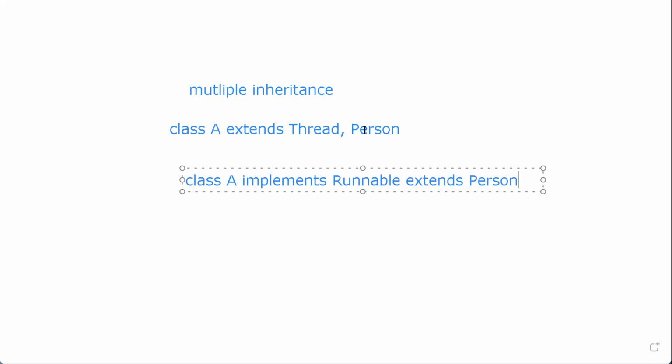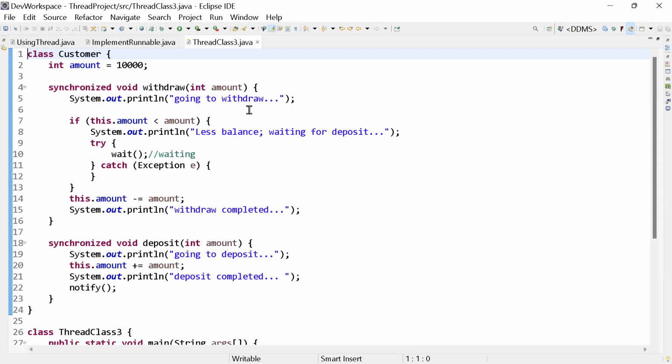Whereas this is not allowed. That is the reason they have given two ways of creating the thread. Okay, so coming back to this practical piece of code, I'll answer your question on max priority and min priority. Before I go to this, here is what I will explain.